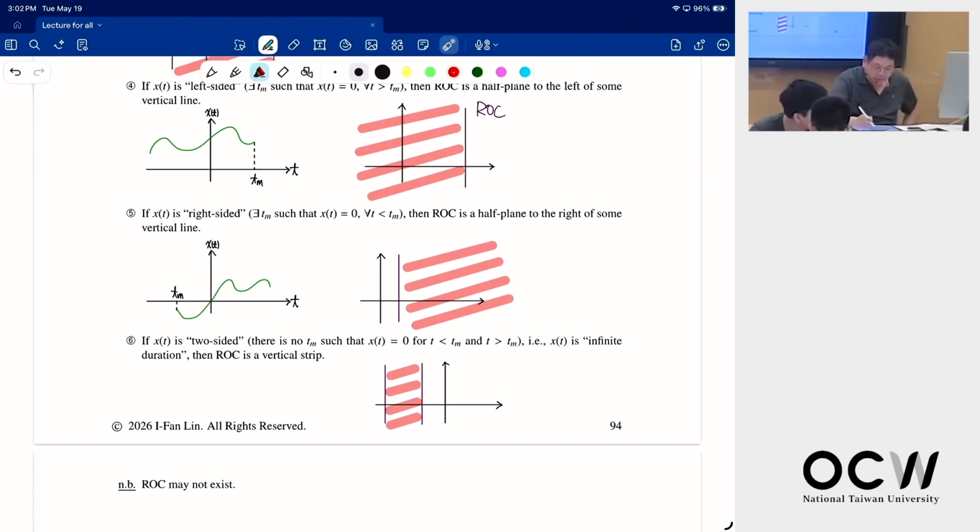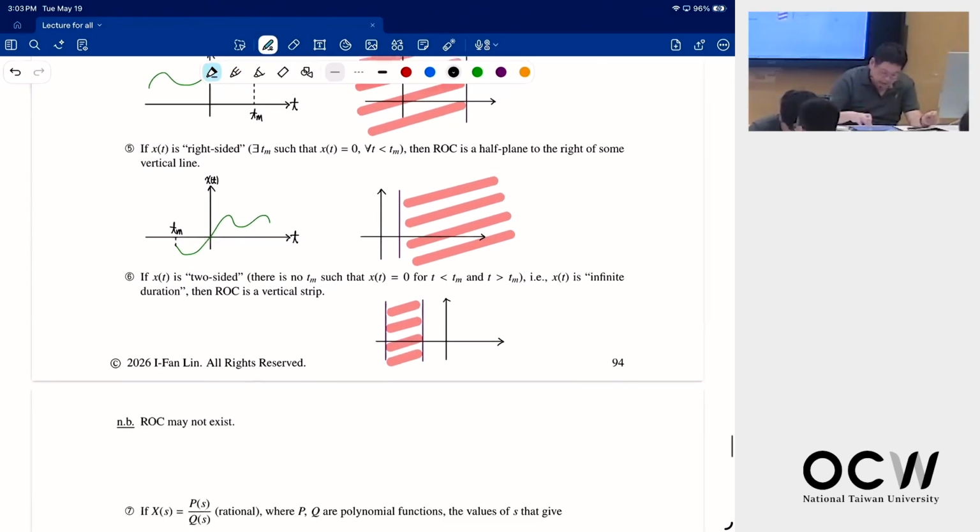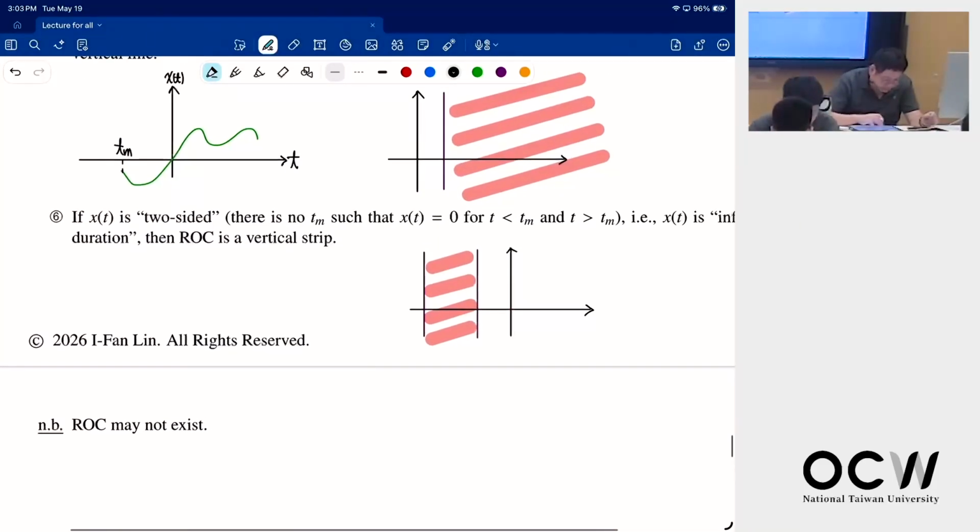By the way, the region of convergence may not exist. It could be the entire plane, a strip, or left or right. You can think of the signal as a right-sided signal plus a left-sided signal.